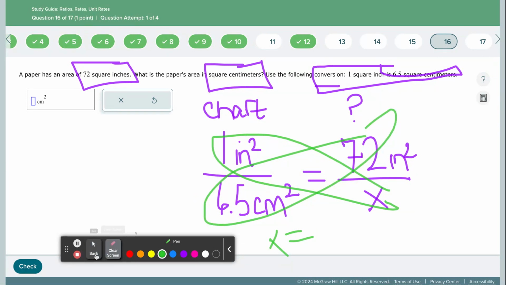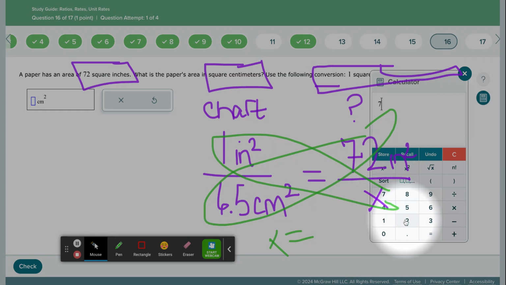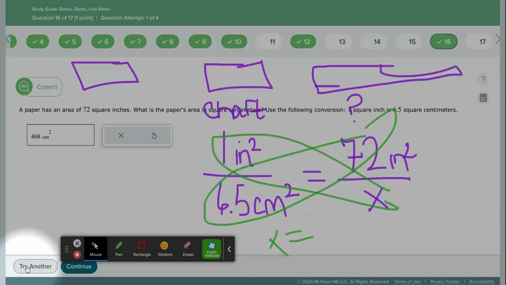So I'm going to take my 72 and multiply it by 6 5/10. And I get 468 centimeters squared, which is already there for us, so we don't even have to type in our units.